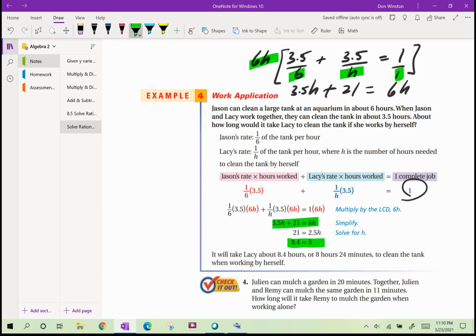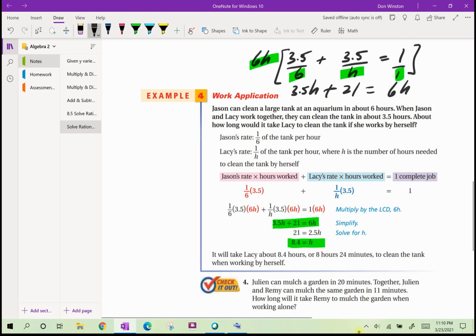So 8 hours and 24 minutes. Again, all of these work applications work like that. And on the right, we always have 1 because we're completing one job. So those were 2 of the more important problems related to word problems involving rational equations.